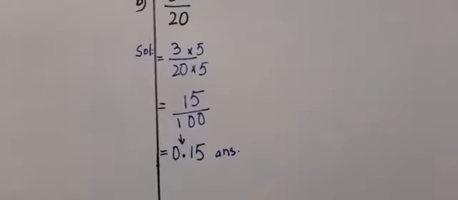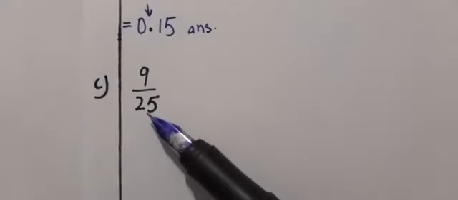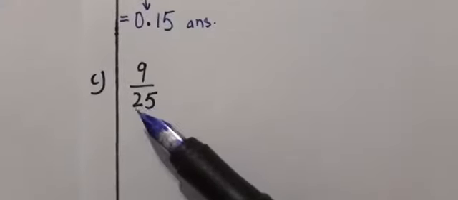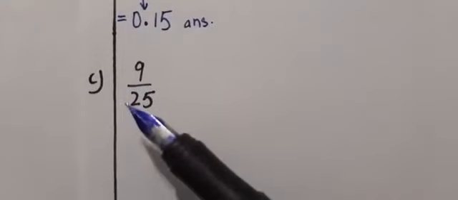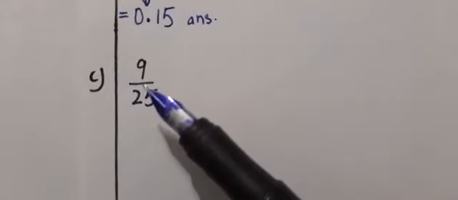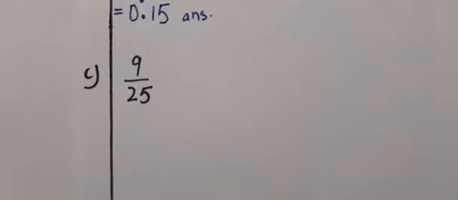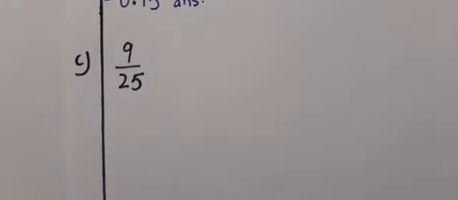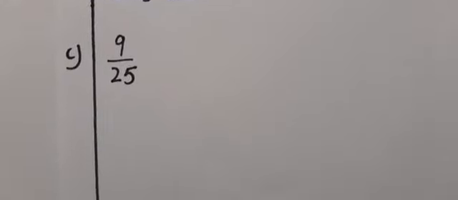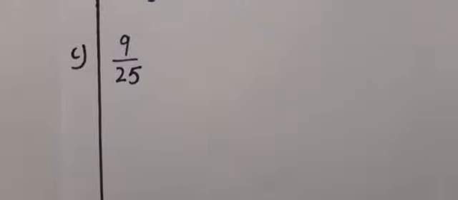Let's move toward the next sum. Here you can see, boys, our next sum is 9 by 25. And in the table of 25, does 100 come? Yes. As in the table of 4, 100 comes, so in the table of 25 also 100 comes. 25 ones are 25. 25 twos are 50. 25 threes are 75. 25 fours are 100.